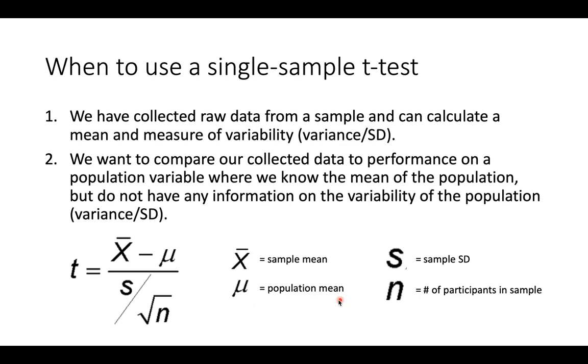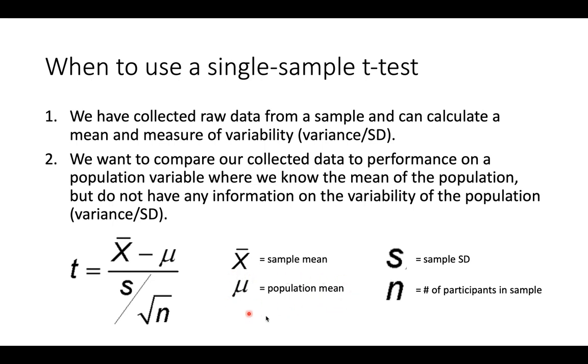Meaning, we could use a single sample t-test when we're studying IQ because we have population level data of IQ. If we were going to see if a group of newborns is bigger or smaller than the average newborn, right? We could do that because we know the average length and weight of newborn babies.